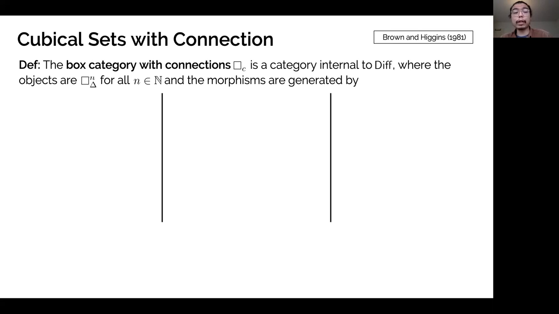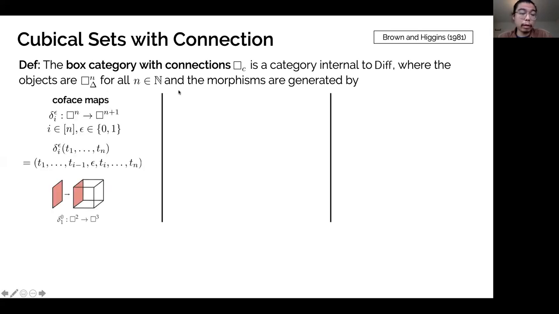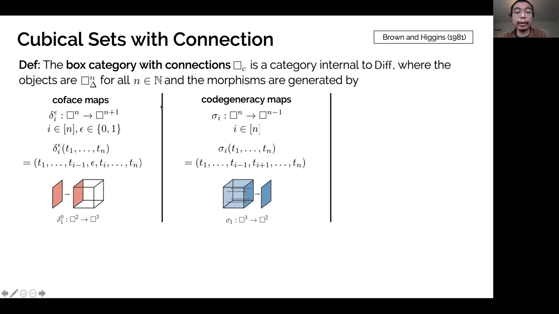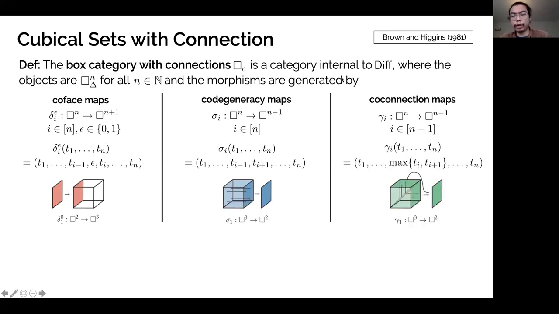The objects are just indexed by natural numbers, just like simplicial sets, and they're equipped with morphisms, which are the coface maps, the codegeneracy maps, and also these co-connection maps. The coface and codegeneracy maps are fairly standard.